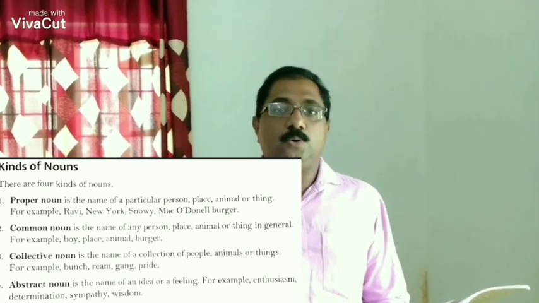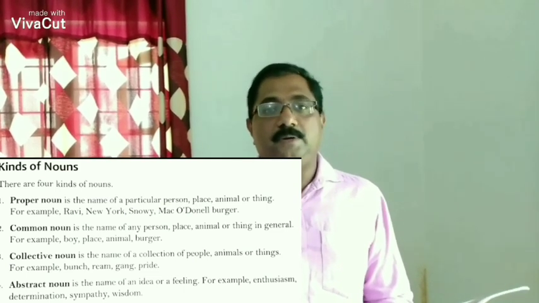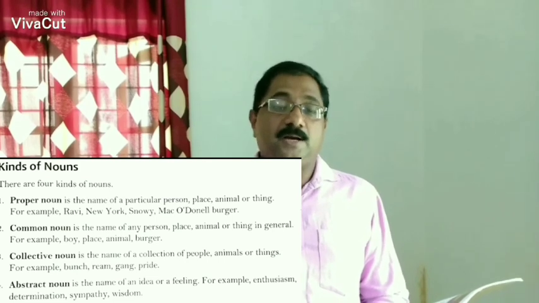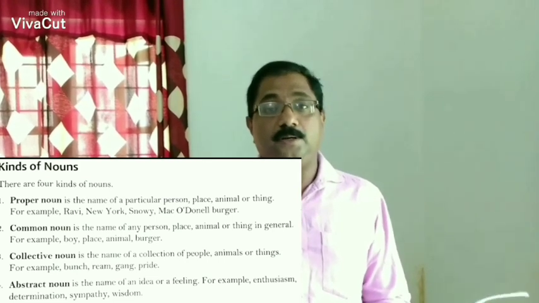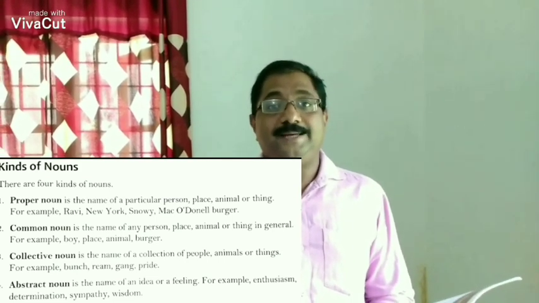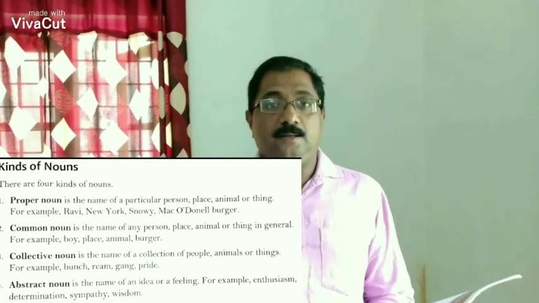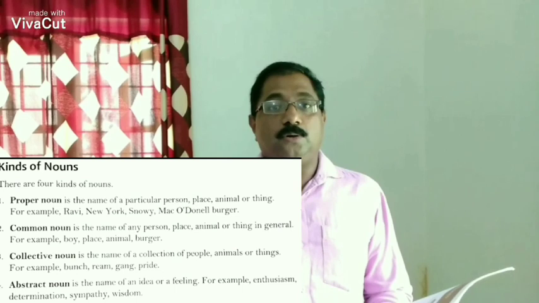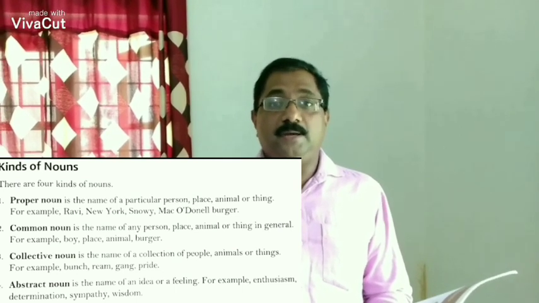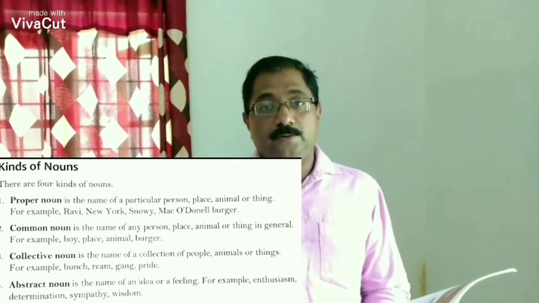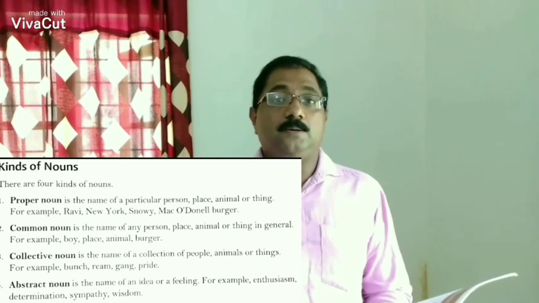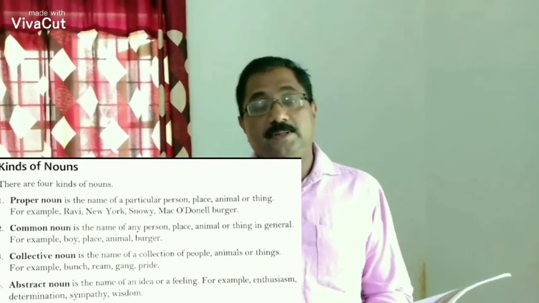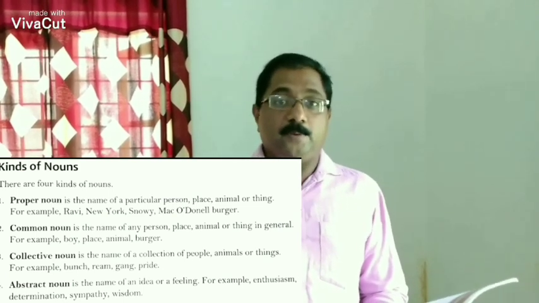Then next one is a common noun. Common noun means the names that we are putting to people or animals in common or general. For example, boy. Boy is a common noun. So anyone can be, any male person can be a boy. So if you call them by a particular name, then only it will become a proper noun.